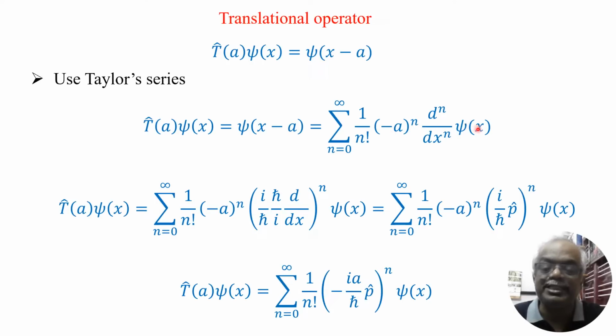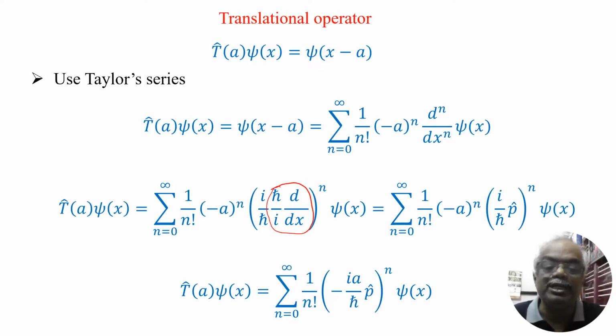First order, second order, third order, it will go like this, d^n over dx^n psi of x. Now what I am going to do is, in the differential operator, I will multiply and divide by i h cross. Now what will happen? This h cross over i, d by dx is nothing but our momentum operator.